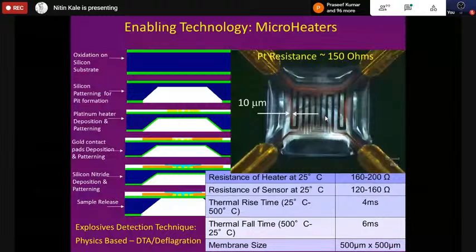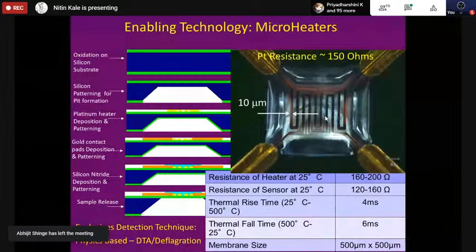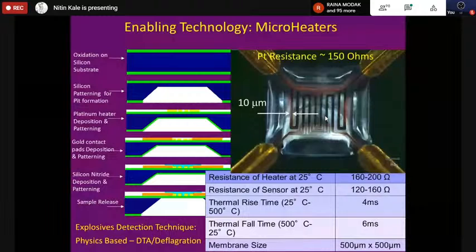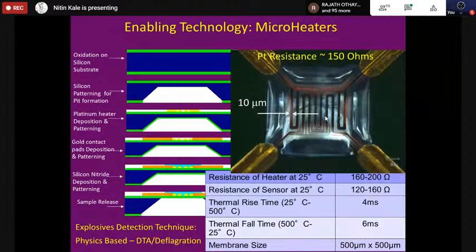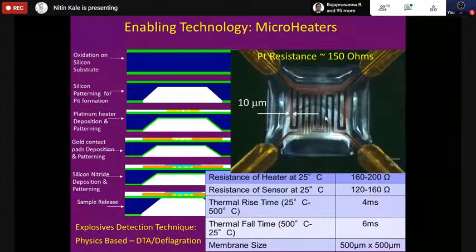The other platinum coil is used as a temperature sensor, so to that you don't apply a voltage. You force a small constant current through it, about half a milliampere or maybe 1 milliampere. As the temperature of the membrane has increased because of the heating coil, this temperature sensor's resistance is going to change, because of the TCR of the platinum material.